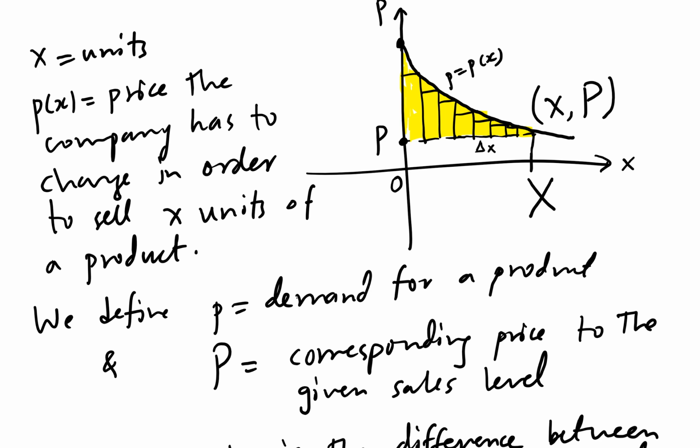So any vertical rectangle you have, any column of any rectangle, say I want to deal with this rectangle, the difference here is p of xi at some xi minus capital P, and the width of the rectangle is delta x.